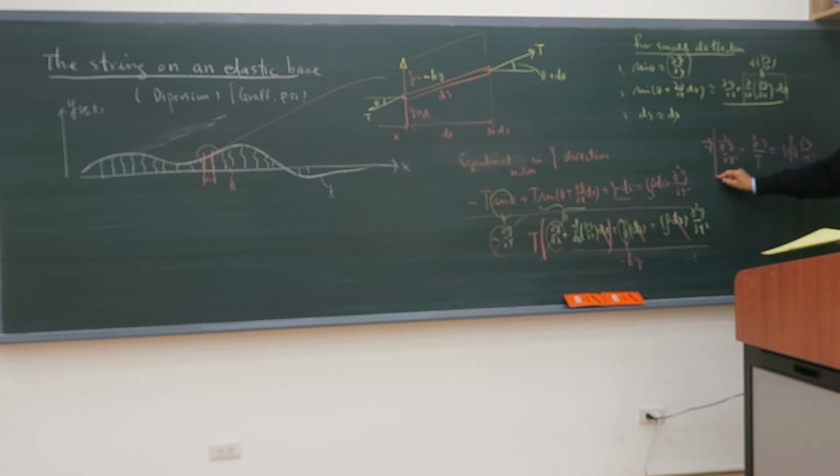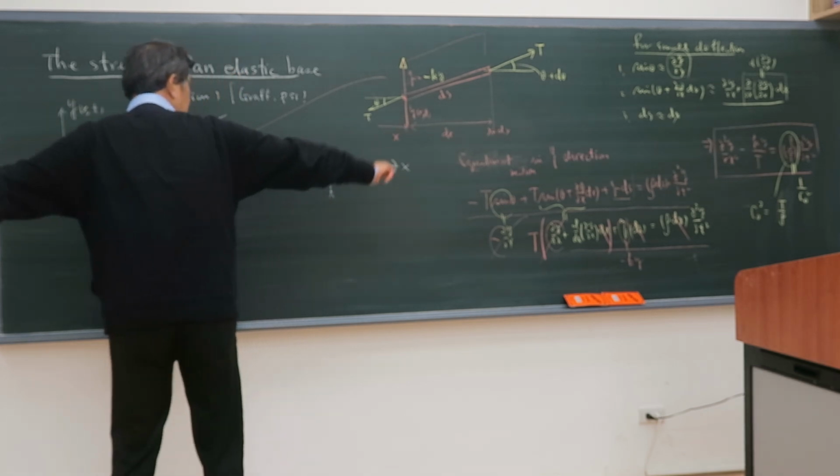Okay, so this is my equation, and here I define this value c0 squared as T over rho. So this will be 1 over c0 squared.